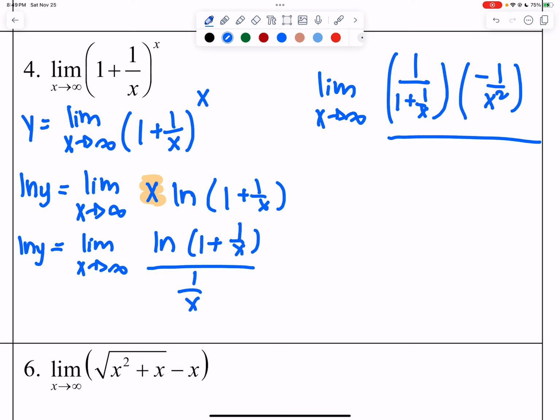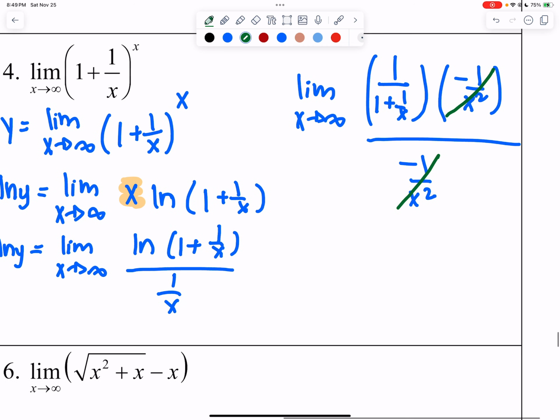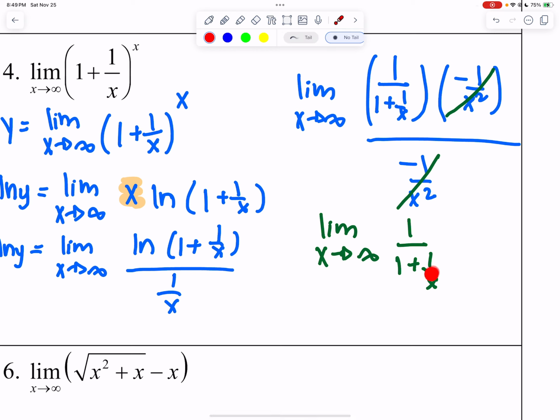And then the derivative of 1 over x is negative 1 over x squared. That's going to cancel out, so you're just left with the limit as x approaches infinity of 1 over 1 plus 1 over x. If I were to substitute in a very big number here, this is going to be 0, so I have 1 over 1. So this right here is going to be 1.